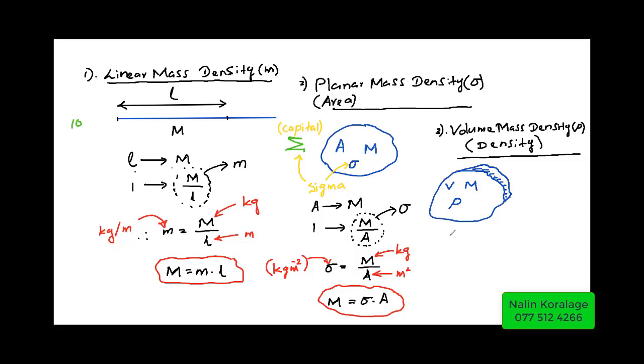If you take the volume V, the mass is going to be capital M. So per unit volume, the mass is going to be capital M divided by V. So mass per unit volume is the definition of the volume mass density, or just simply density, which is represented by the letter rho.